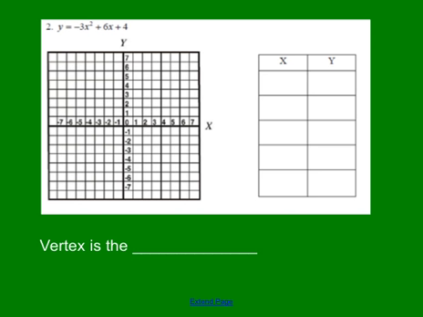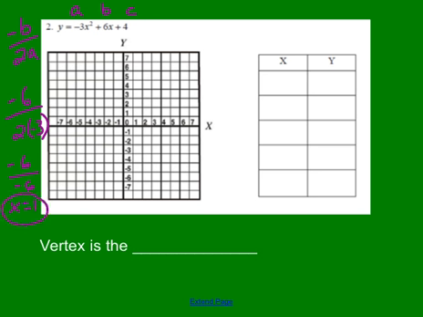I'm going to do a fancy color we've never seen before. Negative b over 2a. So, a, b, c. That's going to be negative 6 over 2 times negative 3. Oh yeah, negative 6 over negative 6. X equals 1.